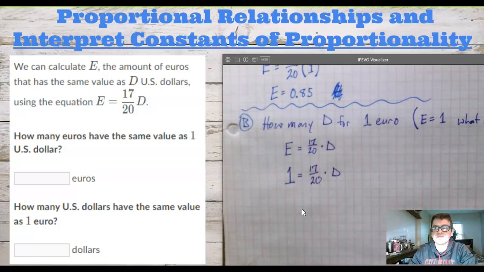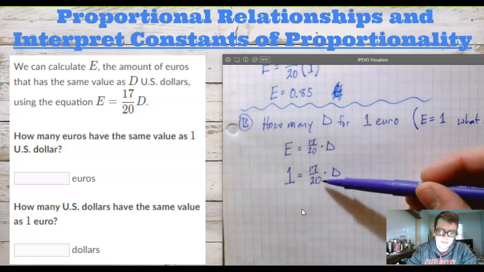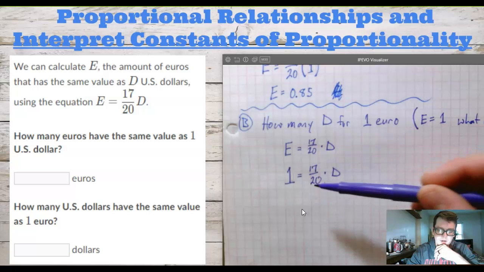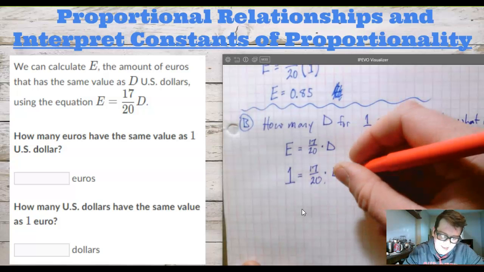darn. Can anyone remember what we can do to turn a fraction into a 1? We want to make this a 1. What could we do? We do want to get a giant 1. And the way to get a giant 1 is we're going to have to multiply.